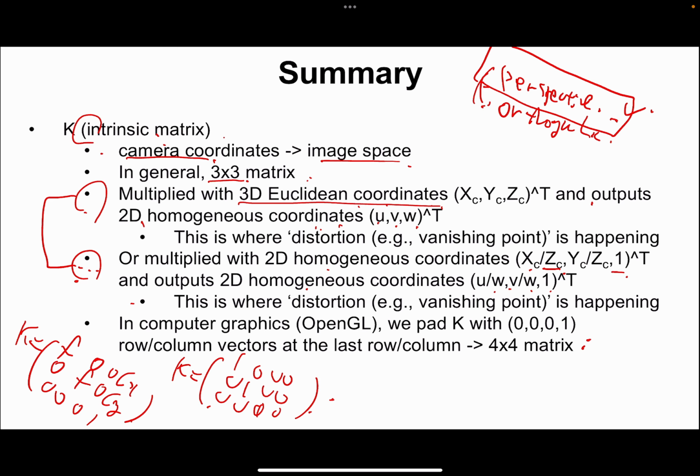So what I want you guys to understand is the relationship between these 3 coordinate systems: world coordinate system, camera coordinate system, and image coordinate system. Why they are necessary, and how can we convert world coordinate system to camera coordinate system?